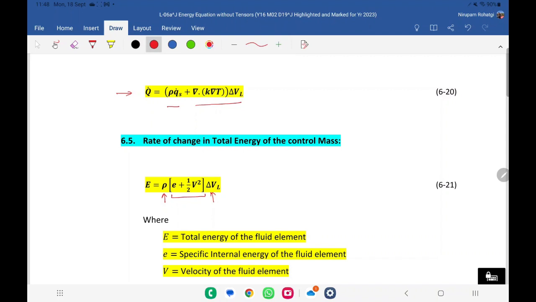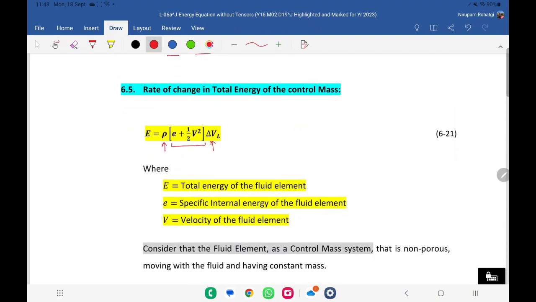Now this energy has two components. One is the specific internal energy of the fluid element, which is based on temperature. The mass can store some energy. And the second is the kinetic energy of the fluid element due to velocity. Is there any other energy?